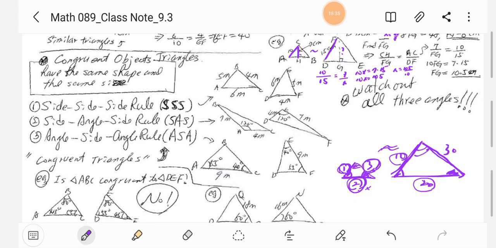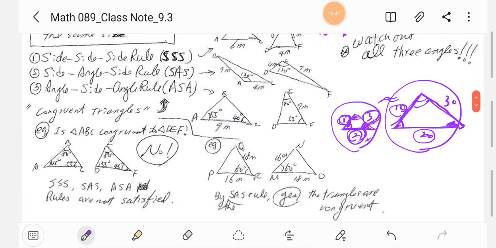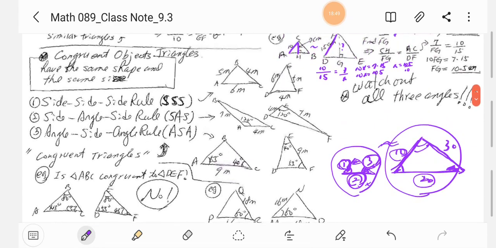I mean the corresponding side lengths are different. So with similar triangles, one triangle is small and the other triangle is large. That is similar triangle. But congruent triangle means exactly the same. Two triangles are exactly the same shape, same size, same side length, always.